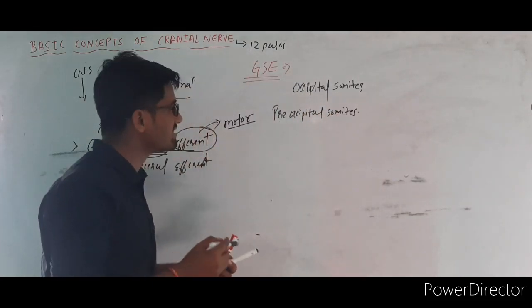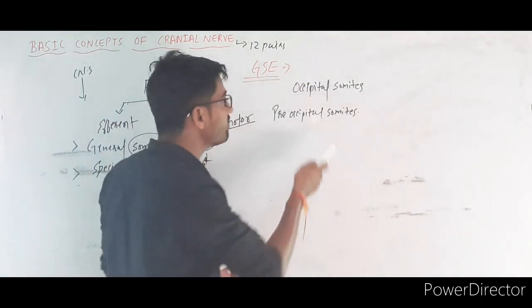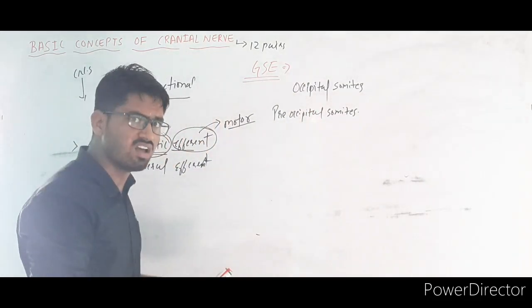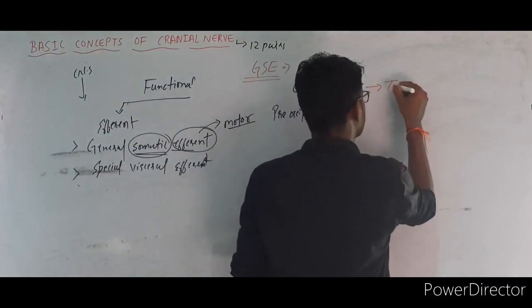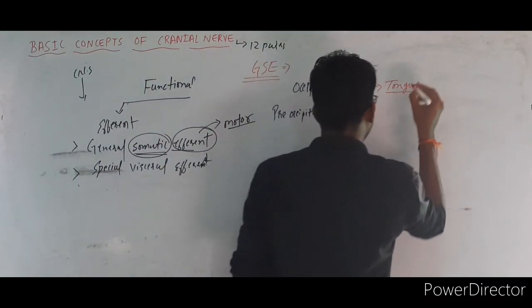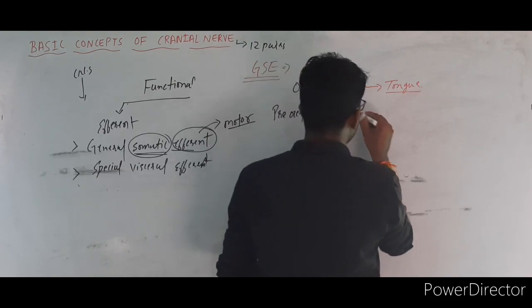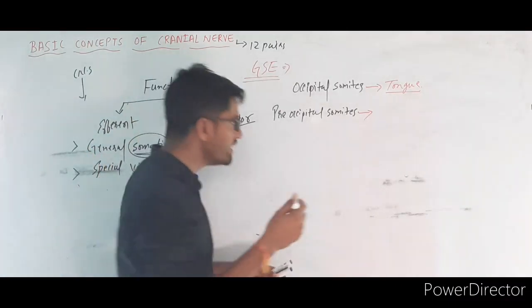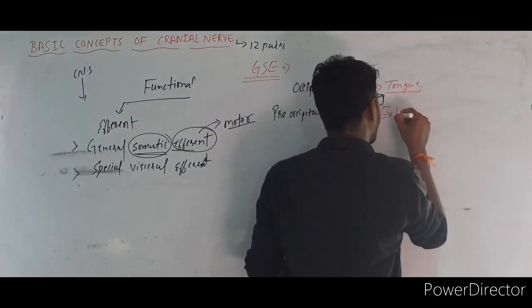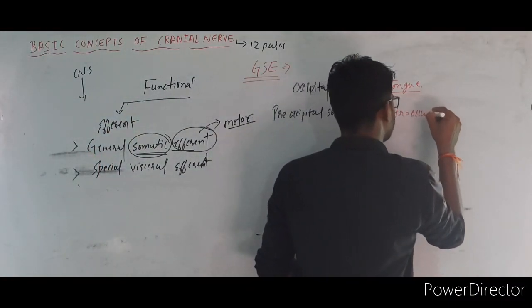Now, can you tell me the muscles which are derived from the occipital somites? That is the muscles of the tongue. Very good, yeah. So tongue muscles. And pre-occipital somites, which muscles will be arising? Extraocular muscles of the eye. Yes.